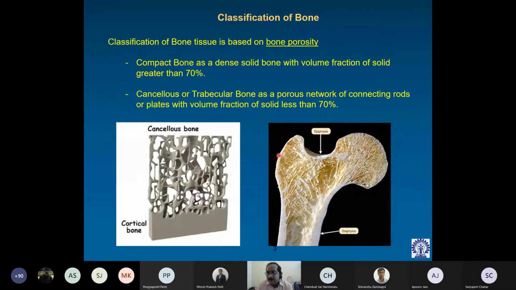Okay, this is very clearly visible if we have a mid-frontal section cut through a femur sample, proximal femur. Okay, the proximal part of the femur consists very clearly of an inner core of porous network of cancellous bone covered by the dense, solid, compact or cortical bone, thereby resembling a sandwich construction.